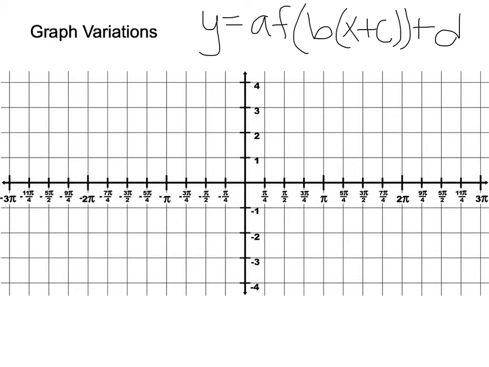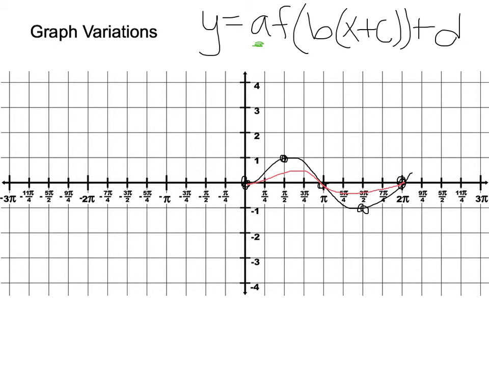First, let's talk about A. A at the beginning here determines the vertical stretch or shrink of the graph, and it also tells if it's reflected about the x-axis. For instance, if A was negative, the graph would be reflected about the x-axis. And also, if it is a small number, such as 1/3, the graph will flatten out.